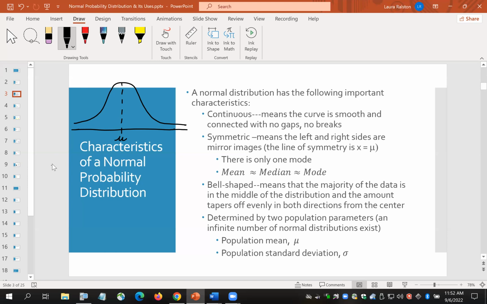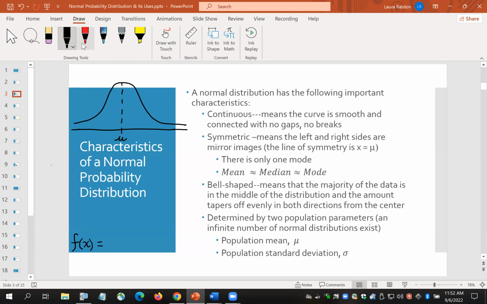The shape of your distribution is determined by two different parameters: the population mean and the population standard deviation. Now, you don't have to know this, but the formula that you would use to model that normal distribution looks like this.